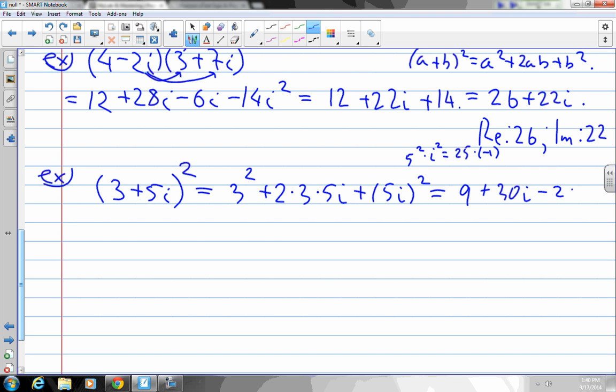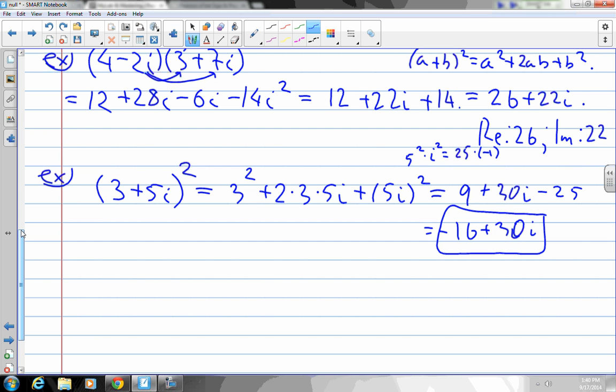So it's negative 25. Is that okay? Combine like terms. Negative 16 plus 30i. So negative 16 is the real part. Positive 30 is the imaginary part. How is that?